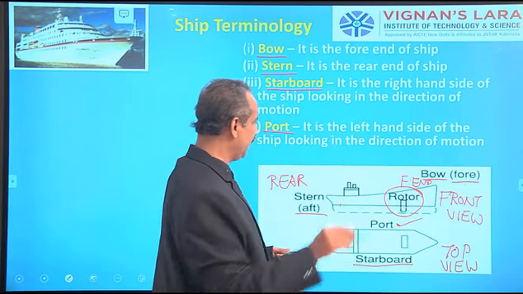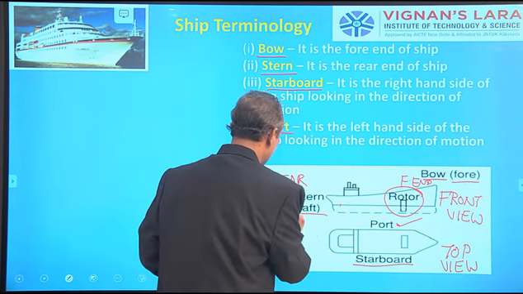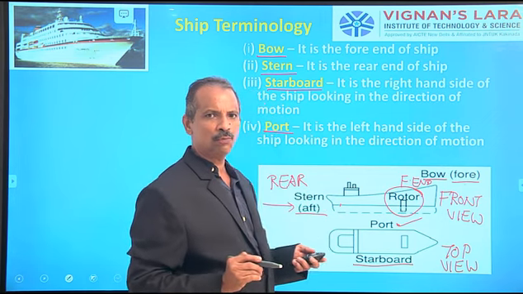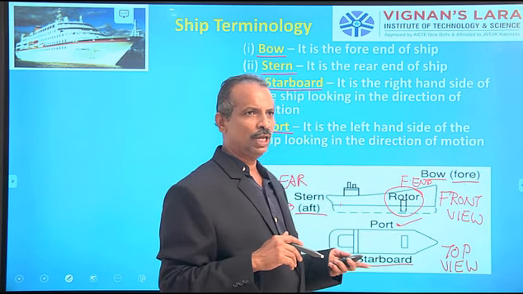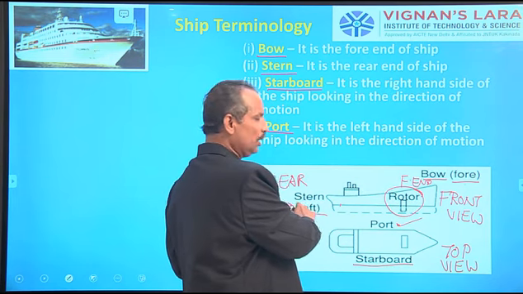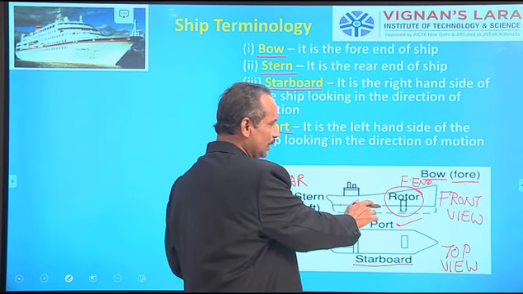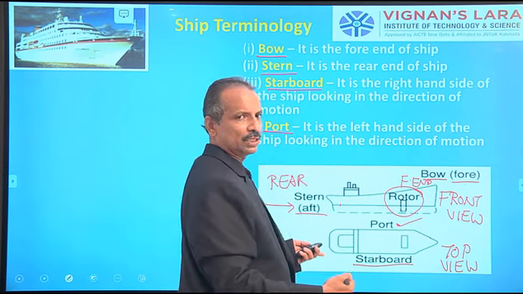This rotor is rotating and I am looking at this rotor rotation from this direction. Which direction am I looking from? From the left side, isn't it? So if I look from the left and it is clockwise, the same thing if I look from the front will become counterclockwise.